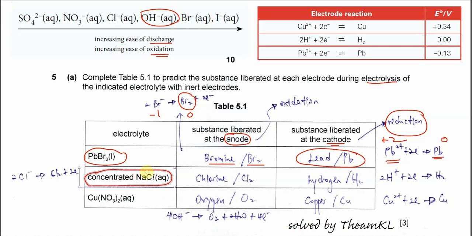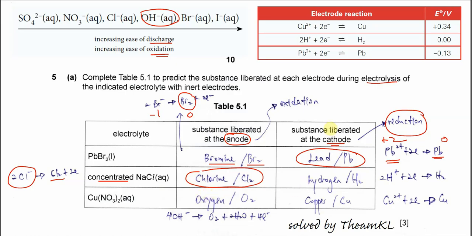It depends on the concentration. Once it is discharged, it will form chlorine, releasing 2 electrons. So for this concentrated sodium chloride solution, you get chlorine. Again, if it is just a dilute sodium chloride solution, what we will get is oxygen. That's the difference.